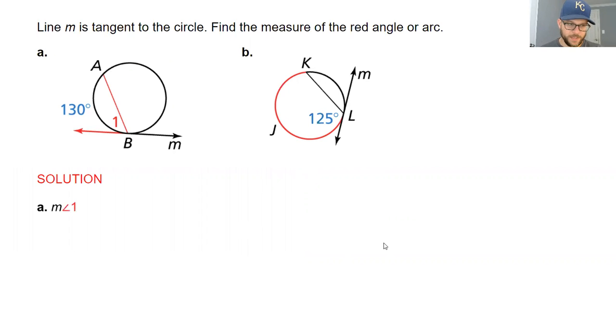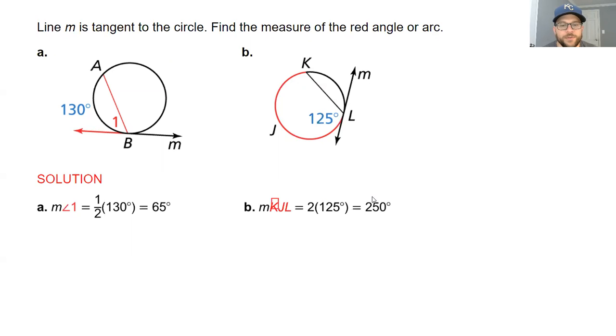All we're going to do is take that arc measure, cut it in half, or divide by 2 to get 65 degrees. Same thing going from in to out, it's just the opposite. So for part B, you have tangent M and chord KL, and you're given that the inner angle is 125. To get the arc measure on the outside, you do the opposite, which is times 2 to get 250 degrees for the arc measure.